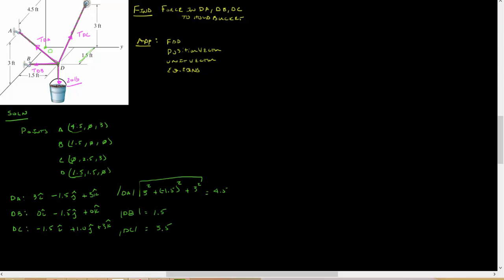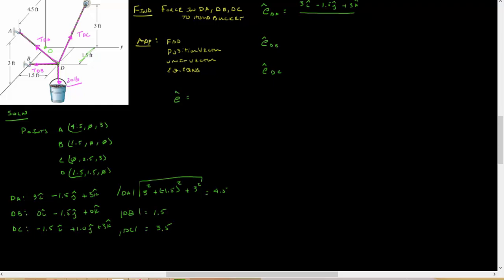So solving for my unit vectors then, so EDA, EDB, and EDC. So EDA, we know, is going to be 3i minus 1.5j plus 3k, all divided by the magnitude.